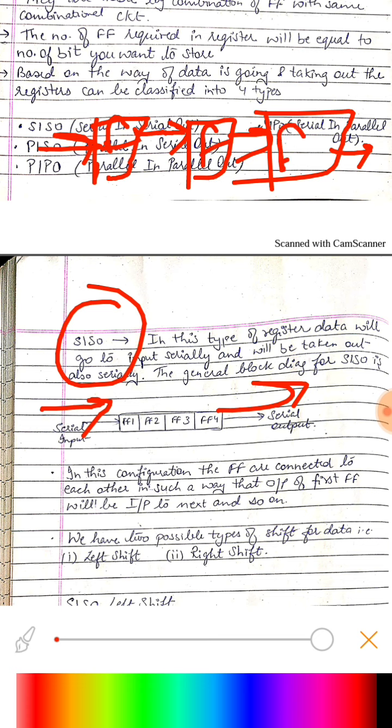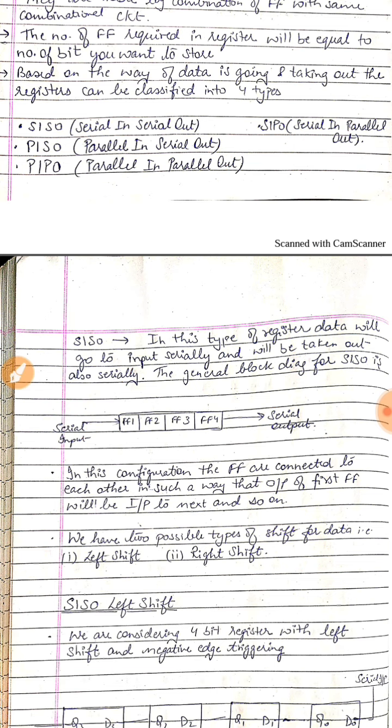This is how the flip-flops are connected in a serial in, serial out configuration. There can be a shift in data in two ways, that is left shift and right shift. It basically depends on which side of the data we are entering into the shift register first.